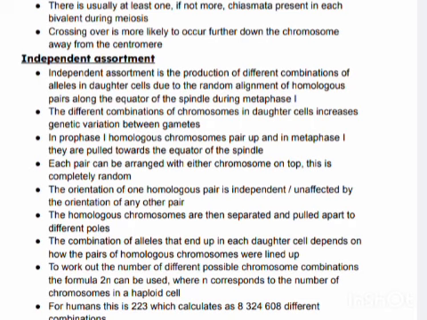The combination of alleles that end up in each daughter cell depends on how the pairs of homologous chromosomes were lined up. To work out the number of different possible chromosome combinations, we can use 2^n, so that means 2 to the power 23, which gives you 8,324,608 different combinations. That is the extent to which independent assortment can produce genetic variation.